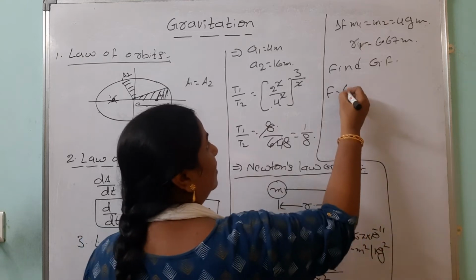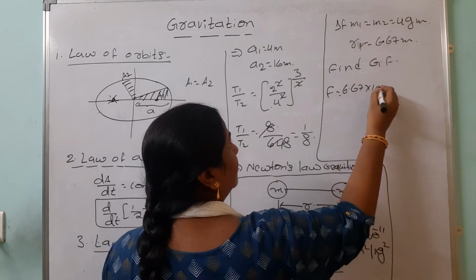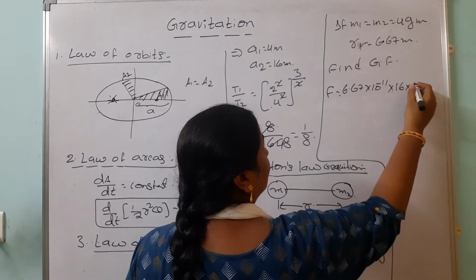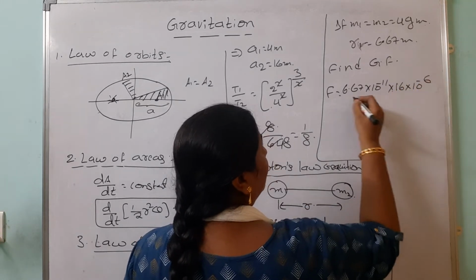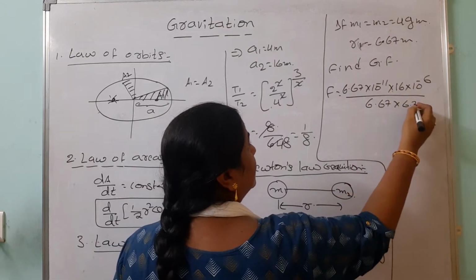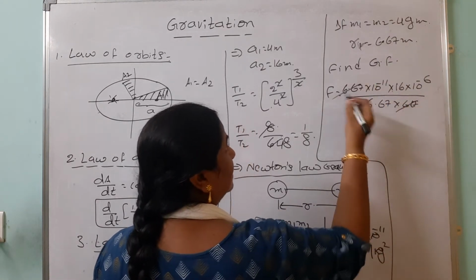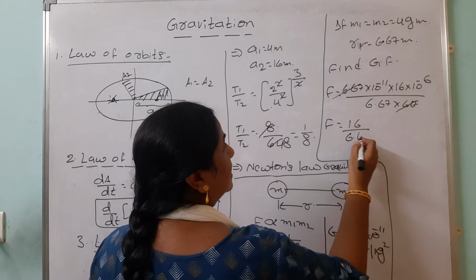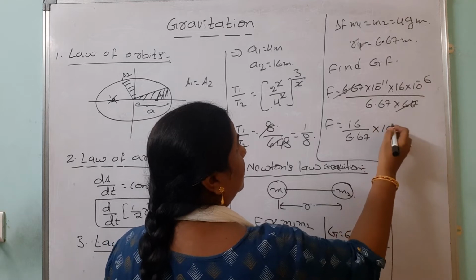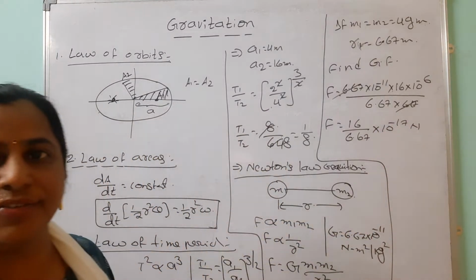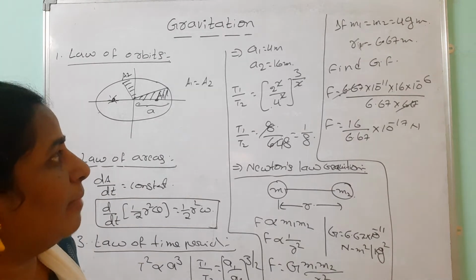You know that G value is 6.67 into 10 to the power of minus 11. 4 square means 16, but it is grams, gram square means 10 to the power of minus 6, divided by 6.67 into 6.67, because it is whole square. One is cancelled. Then F equals 16 by 6.67 into 10 to the power of minus 70 newtons. Like that we can find out the gravitational force of attraction between the massive bodies.